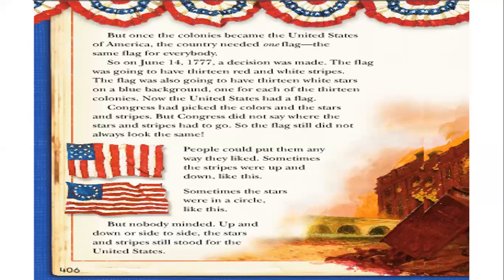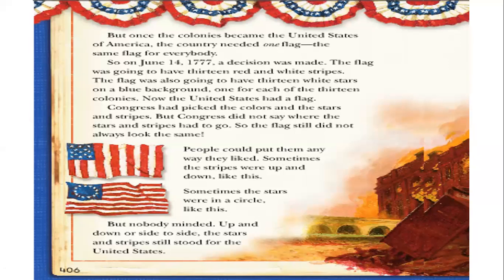But when the Congress had picked the colors, stars and stripes, it didn't say where the stars and stripes had to go, so people could put them anywhere they liked. As in these two pictures you can see here, these two flags.